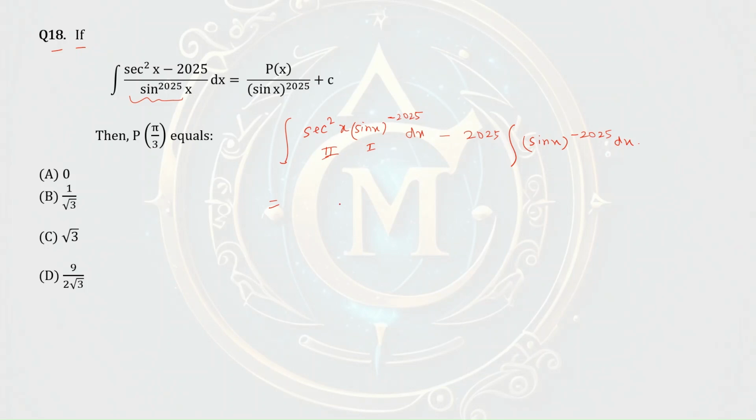So that means if we apply by parts, it becomes first function as it is times integral of second, which is tan x, minus integral of derivative of first, that is minus 2025 into (sin x) whole to the power minus 2026 times the derivative of sin x, which becomes cos x, and also there is integral of second, so it becomes tan x.